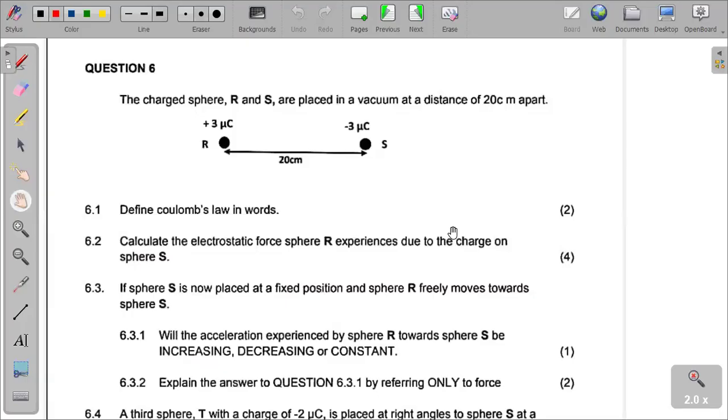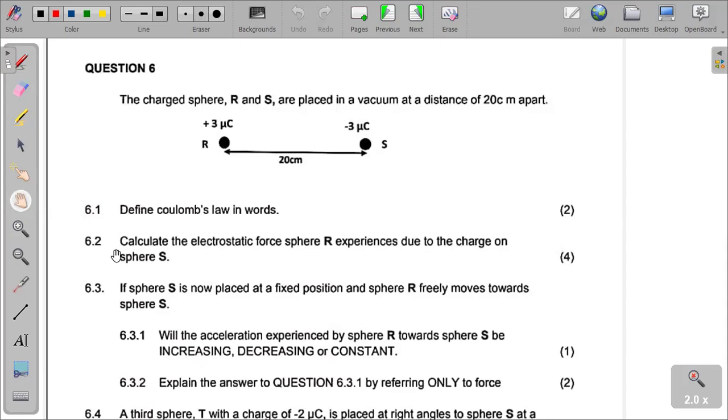It says the magnitude of the electrostatic force exerted by one point charge on another is directly proportional to the product of the charges and inversely proportional to the square of the distance between them. That's Coulomb's law there, and basically it has been derived from Newton's universal gravitational law. So basically it's one and the same thing there.